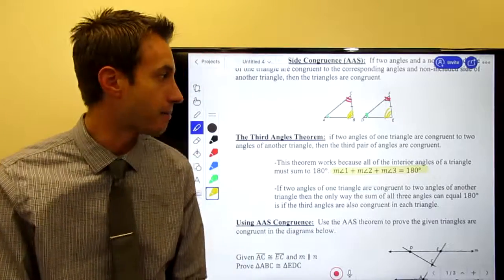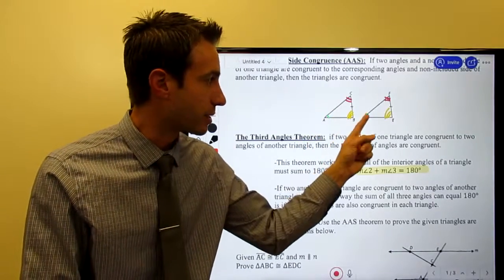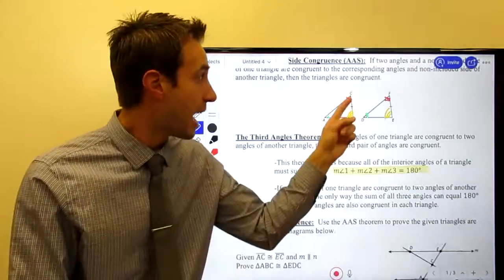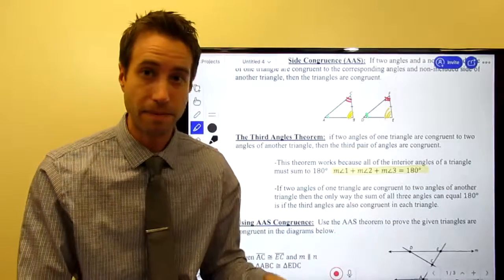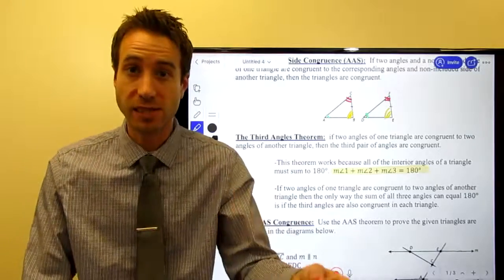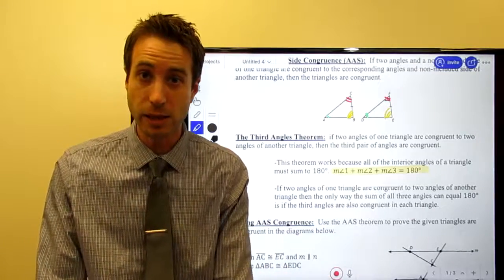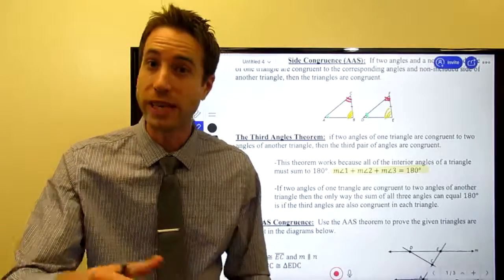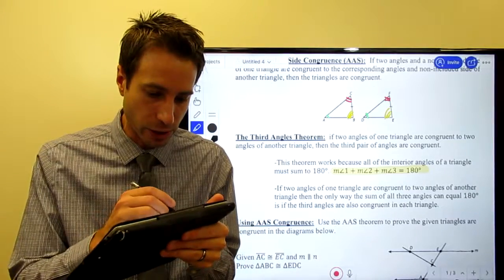Well, think about it. If these two angles are the same, and I know that, and these two angles are the same, and I know that, and all three angles must sum to 180 degrees, well then I don't have a choice. There's no choice here. Check this out.